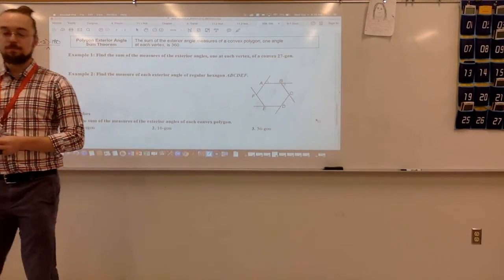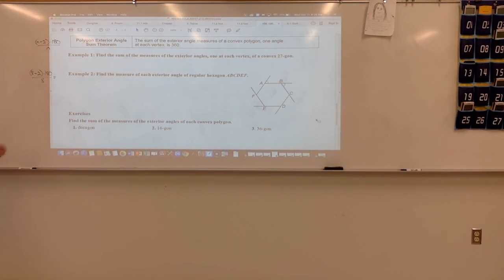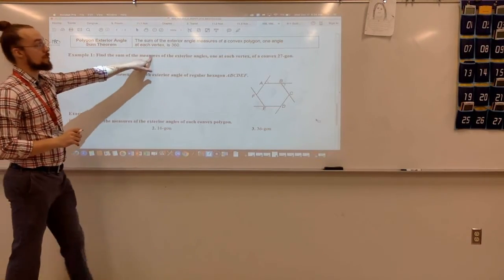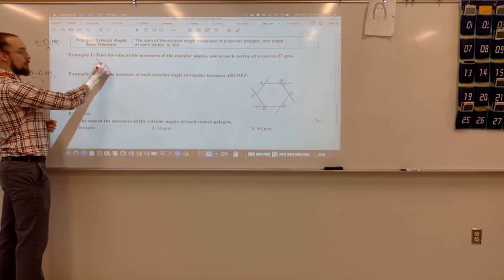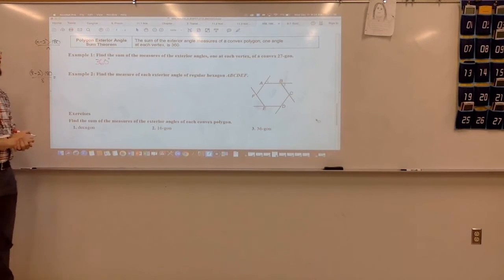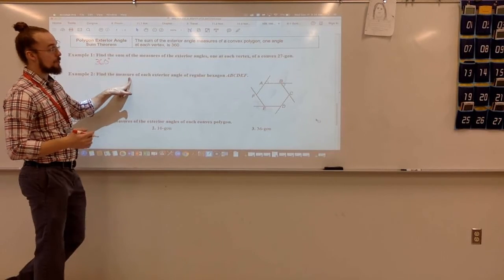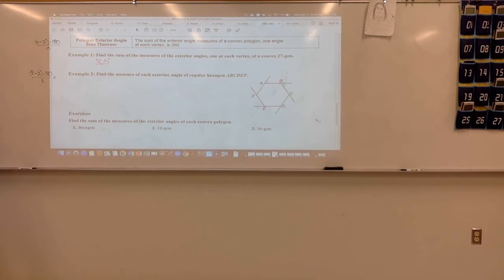So exercise 1, 2, 3, 4. Yes. Okay? So the sum of the measures of the exterior angles of a 26-sided or a 27-sided shape is 360 degrees. So now, if I want to find the measures of each individual, you just divide 360 by the number of sides.